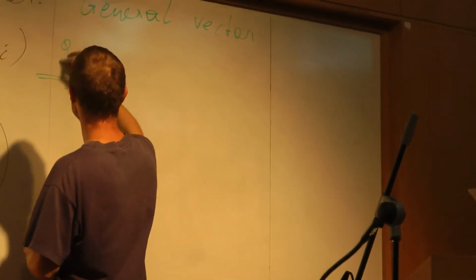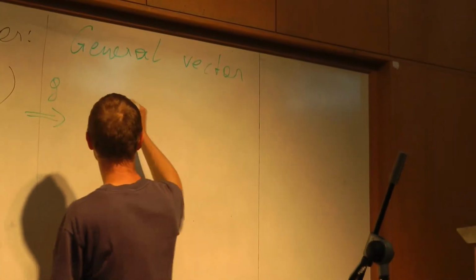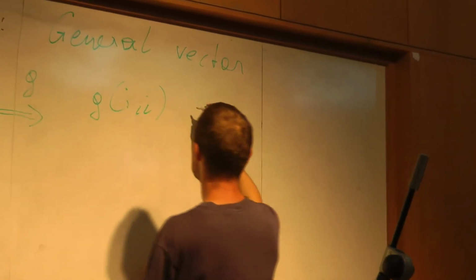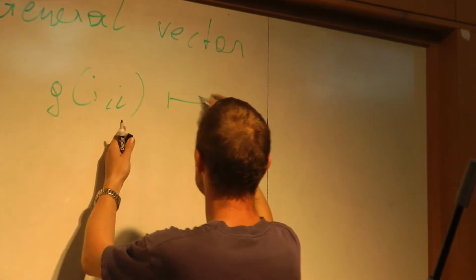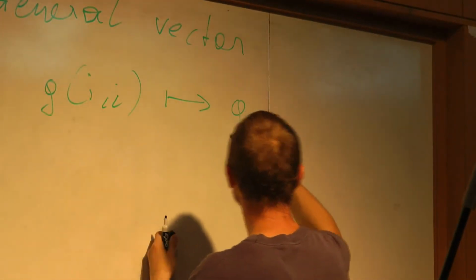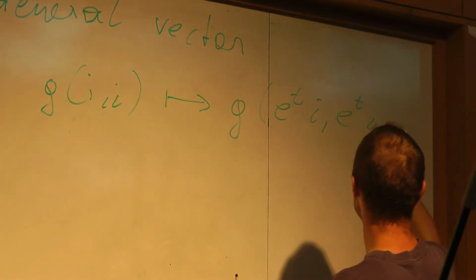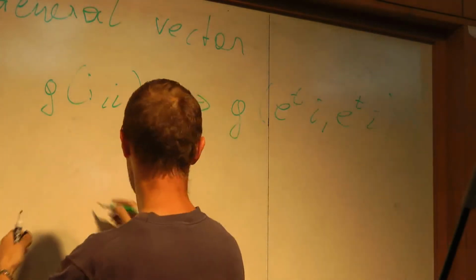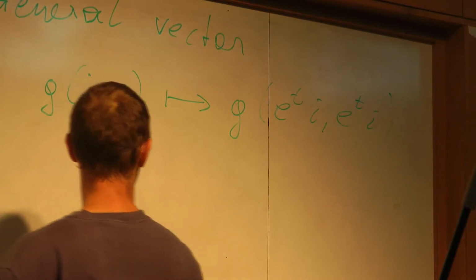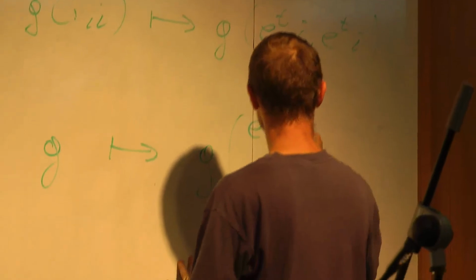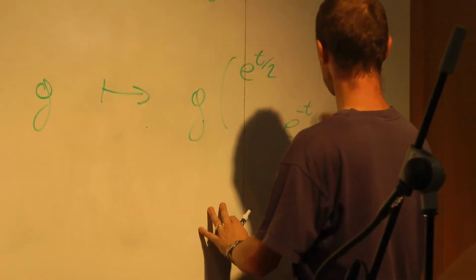I apply some g, then I get g i goes to g e to the t i, and in the other picture g goes to g e to the t over 2, e to the minus t over 2.